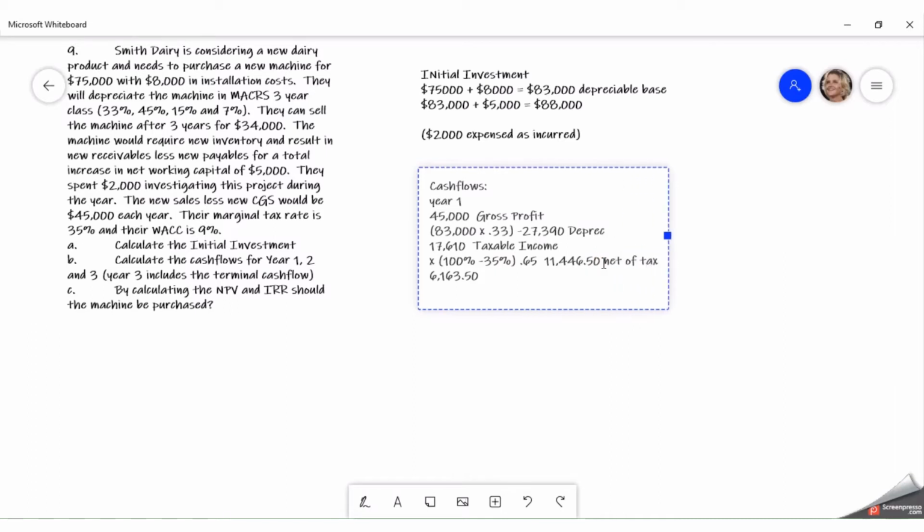If you wanted to, you could take 17,610 times 0.35, which gives you the $6,163.50, which is the tax. And if you subtract that from the 17,610, that gives you the 11,446.50. The numbers are the same, but that makes sense because part of it's the tax and part of it's the net of tax.